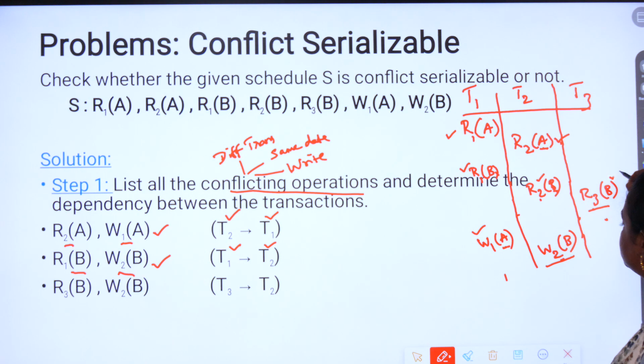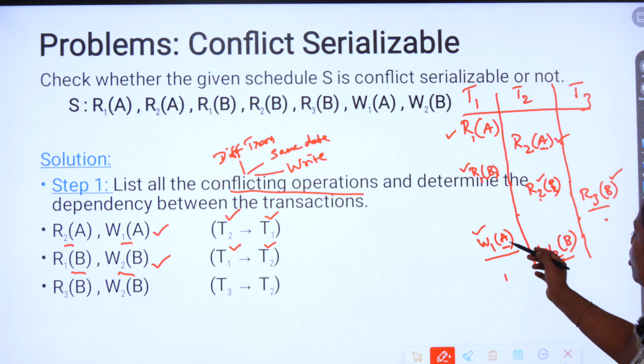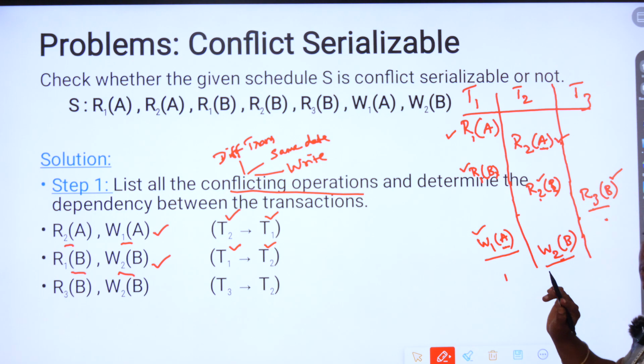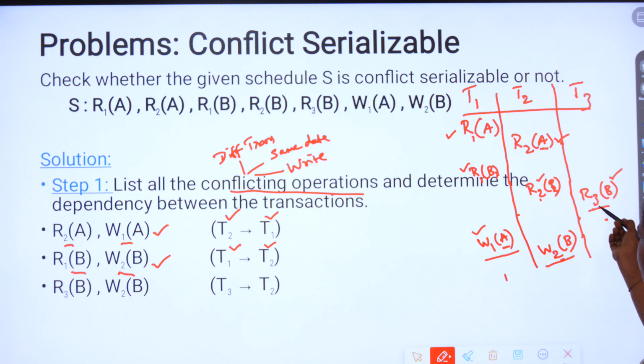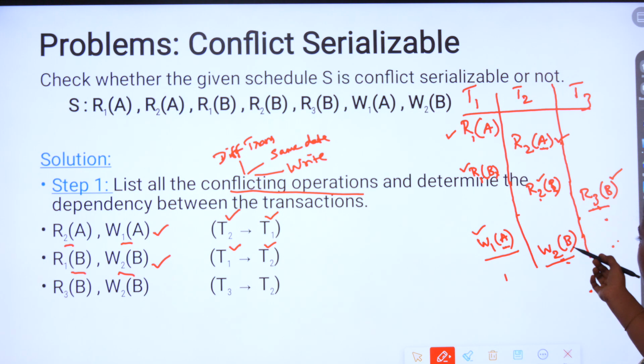Your next operation is R3 of B. So here R3 of B I am going to compare with the next value, that is W1 of A. Here both involve different data, so there is no conflict. And next I am going to compare R3 of B and W2 of B. Here they are in different transactions and the data item is the same.